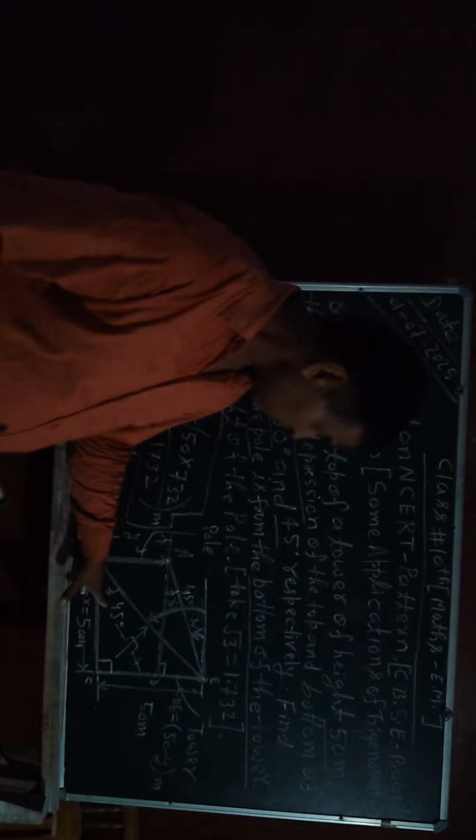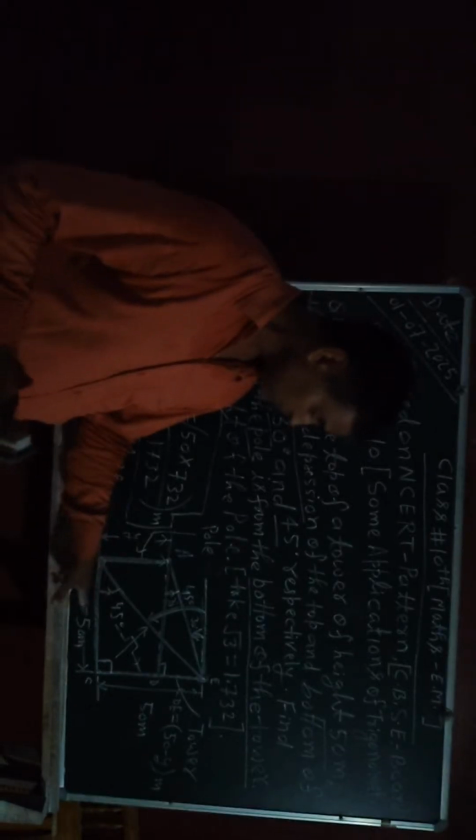I will consider that as equation number 1, and then I will form the second right angle triangle, DCE. In this case, I will also explain tan theta, and theta is here 45 degrees, and the value of tan 45 degrees is equal to 1. So I will simplify.